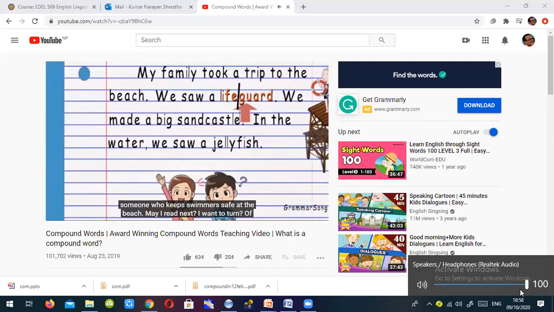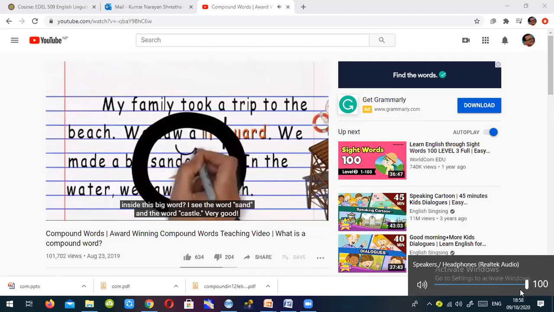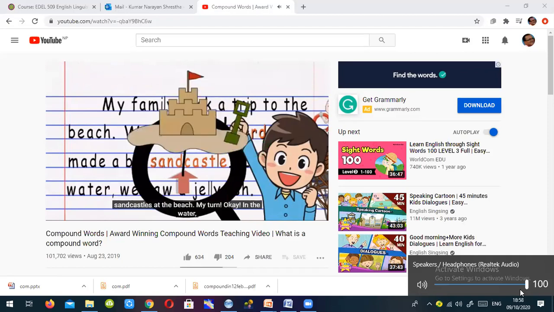May I read next? Of course. We made a big... Okay, don't get scared. Let's look for smaller words within the big word. Do you see any smaller words inside this big word? I see the word sand and the word castle. Very good. Sandcastle is a compound word made up of the words sand and castle. People make sandcastles at the beach.